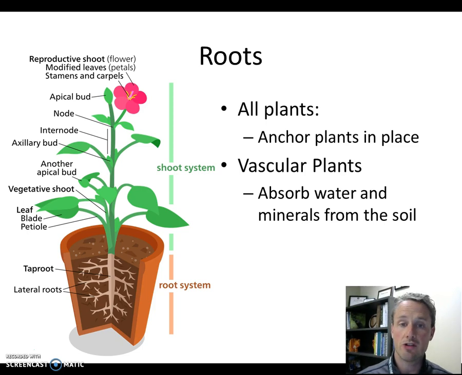But that isn't the function in every plant, right? So the main function of the roots that all plants share is to anchor the plant in place. Again, those plants that do have vascular tissue also absorb water through their roots. All right, so that's the roots, pretty straightforward.